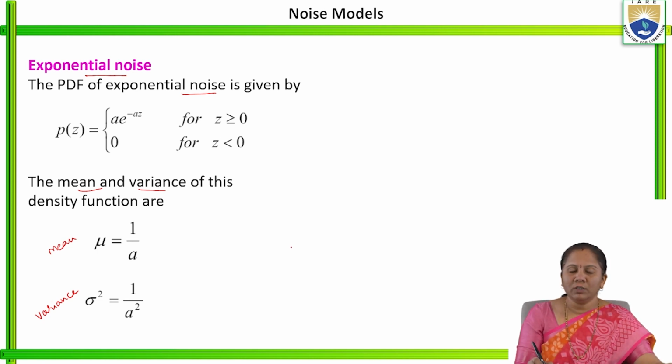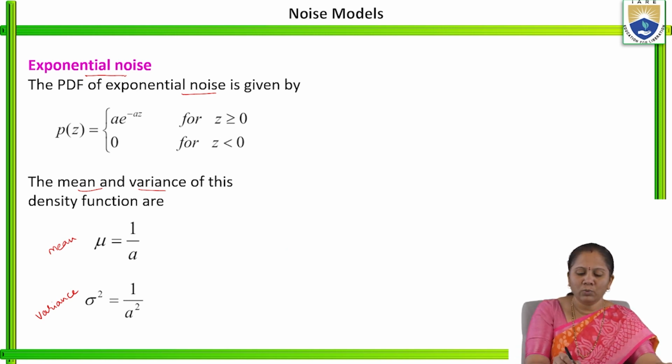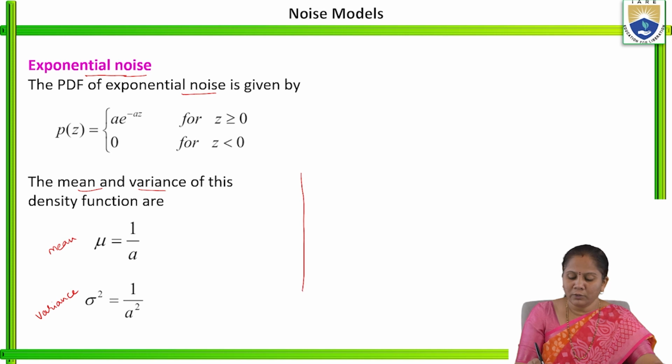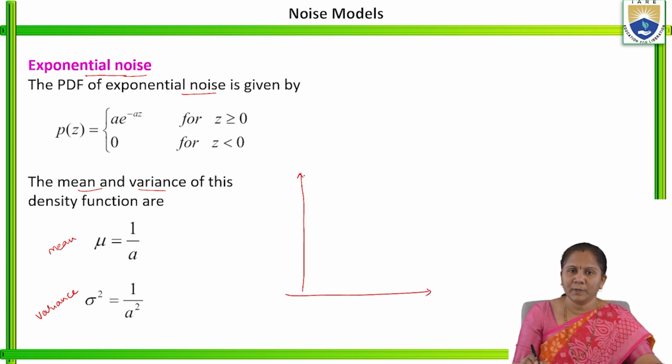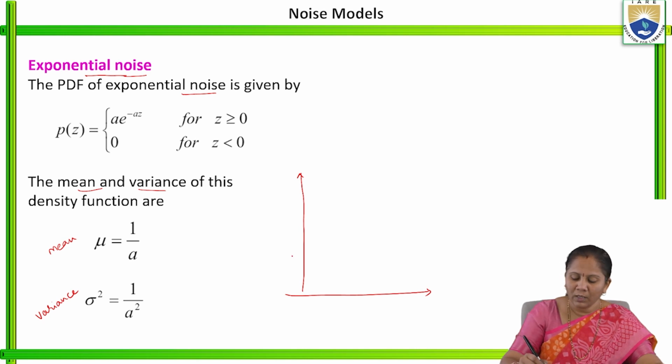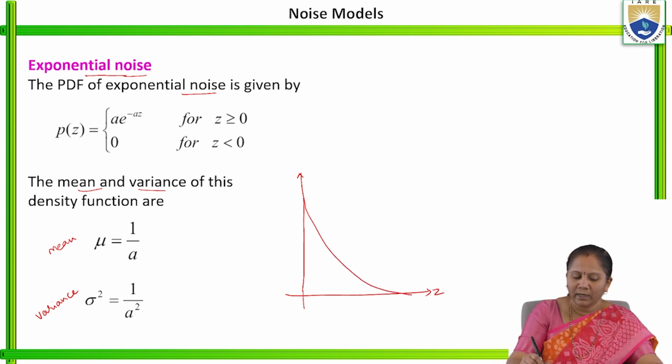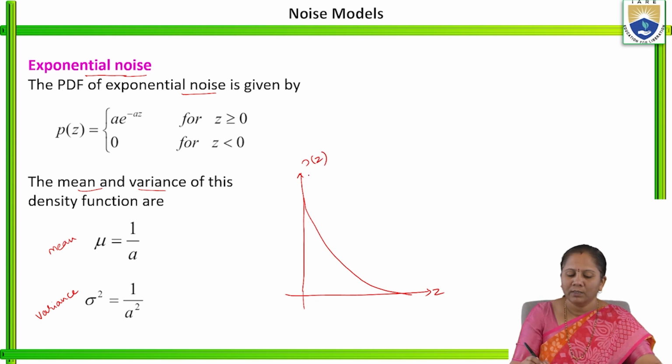So based on this, we know generally how the exponential signal looks. Now if we want to draw the probability density function for this exponential noise, it will be like this. So this is z and here p of z.